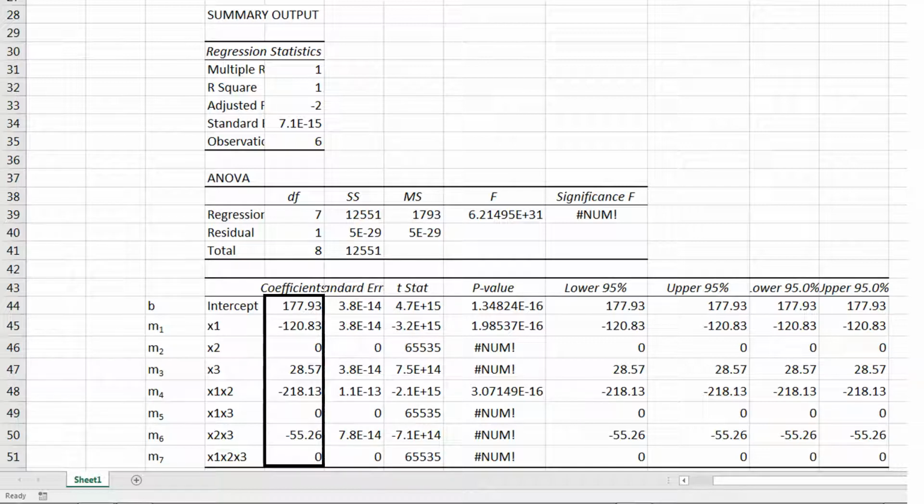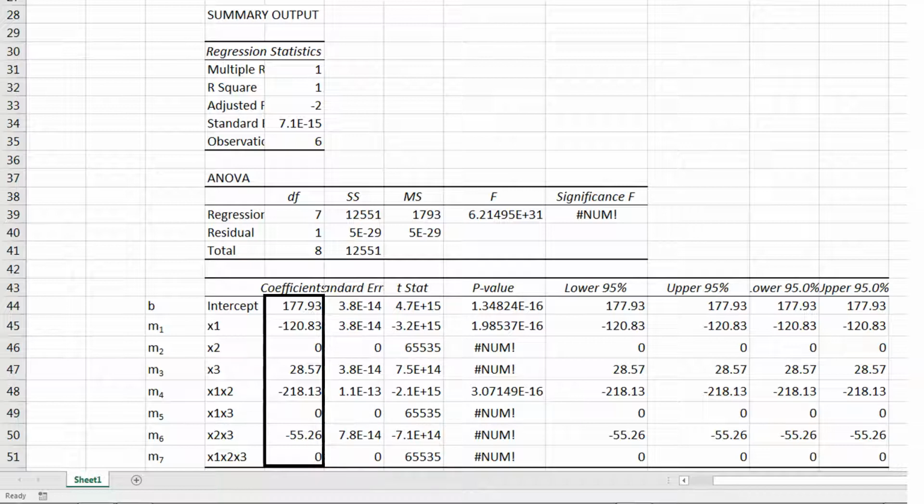The coefficient M1, which is to be multiplied by x1, is negative 120.83. It turns out a value of 0 is appropriate for M2, 28.57 for M3, negative 218.13 for the coefficient multiplied by x1 times x2, and so on.